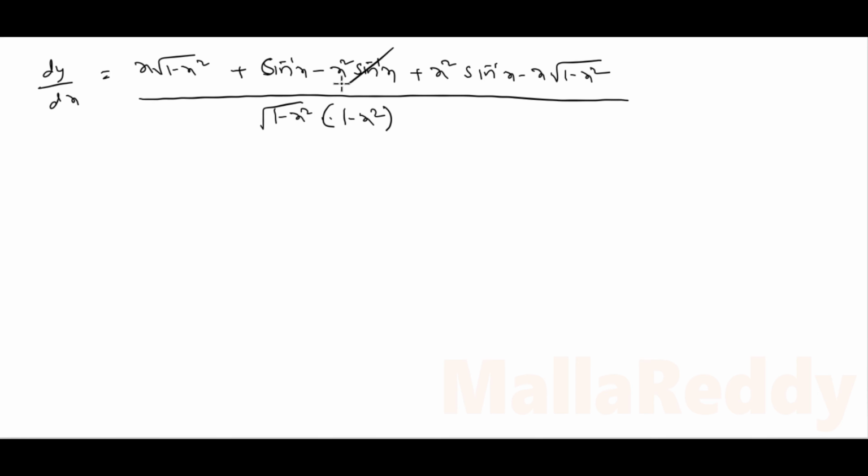Here minus x square sin inverse x and plus x square sin inverse x cancelled, and x root 1 minus x square plus x root 1 minus x square cancelled. Therefore dy by dx is equal to sin inverse x by 1 minus x square whole power 1 by 2 into 1, that is 1 minus x square whole power 1 plus 1 by 2, that is 3 by 2.